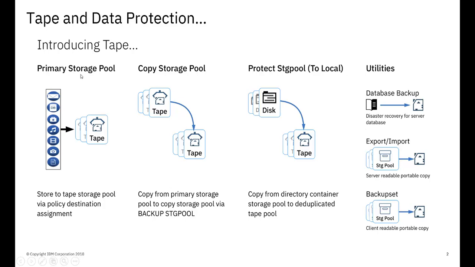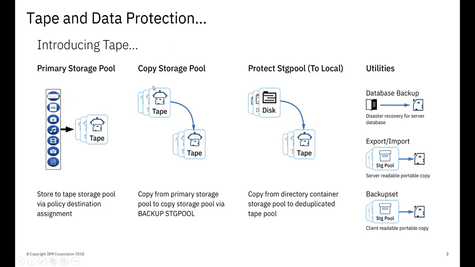In this case, you have your data, perhaps from databases, mail servers or other applications, perhaps as file server data, and it's being written out and stored on tape. We'll call this our primary storage pool because your primary copy and any extra versions are being kept out there. And this is done just with a simple policy destination assignment for that node.